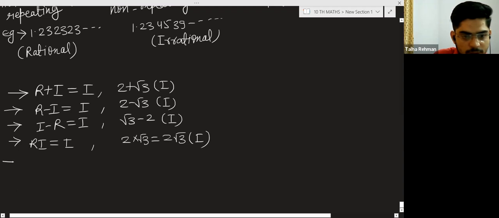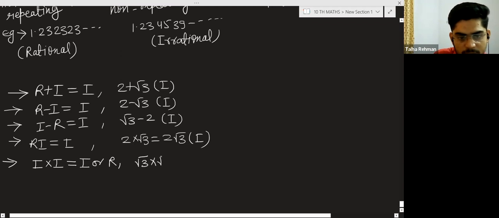And if you are multiplying two irrational numbers, then either it will be irrational or it will be rational. For example, root 3 into root 3 is equal to 3 and this is rational.